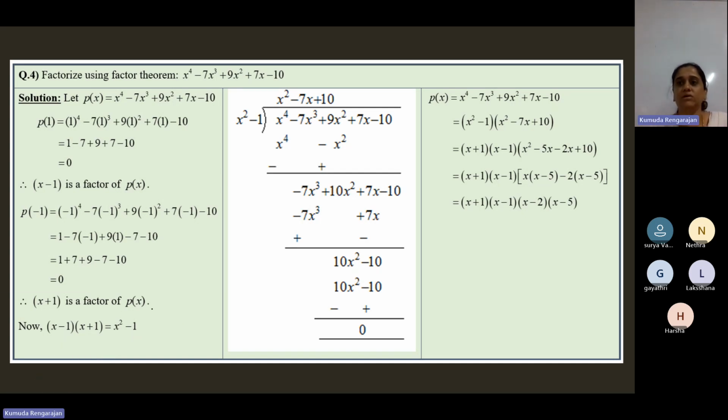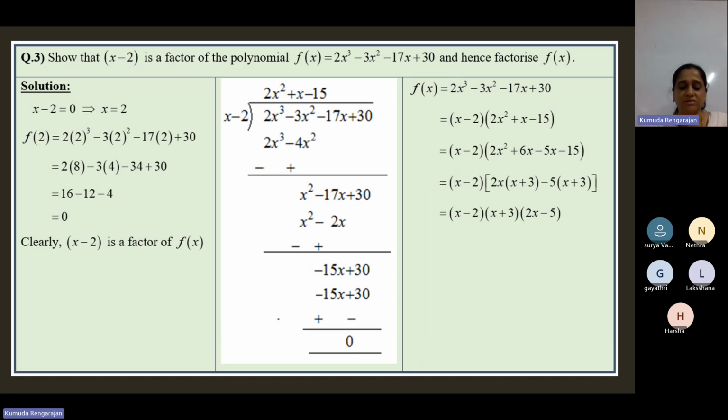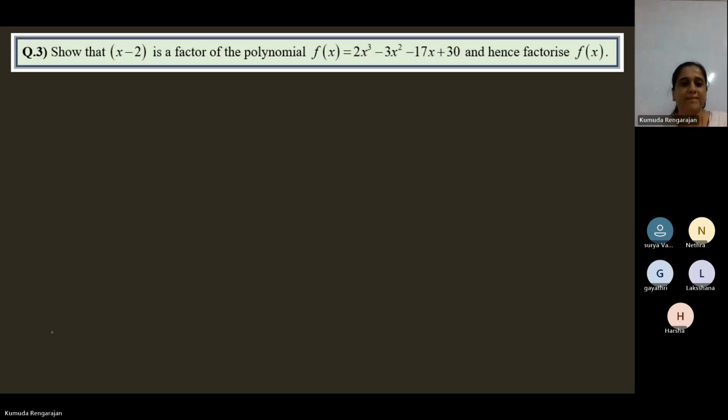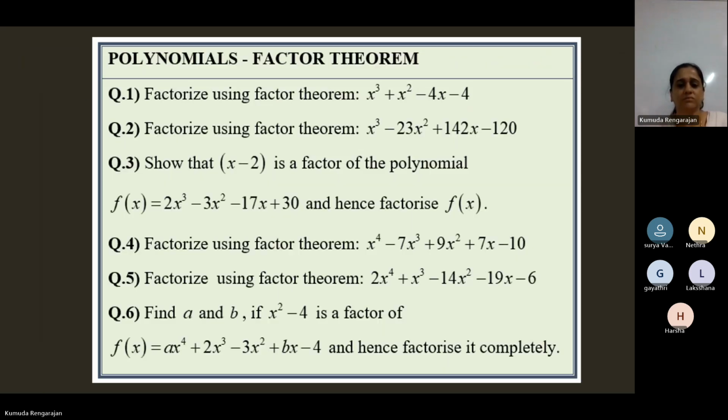So this will be your weekend assignment. I'll share this presentation with you. It has 6 questions. So you can see here, factorize using factor theorem. This is a cubic polynomial, so find only one factor. And then do the long division.